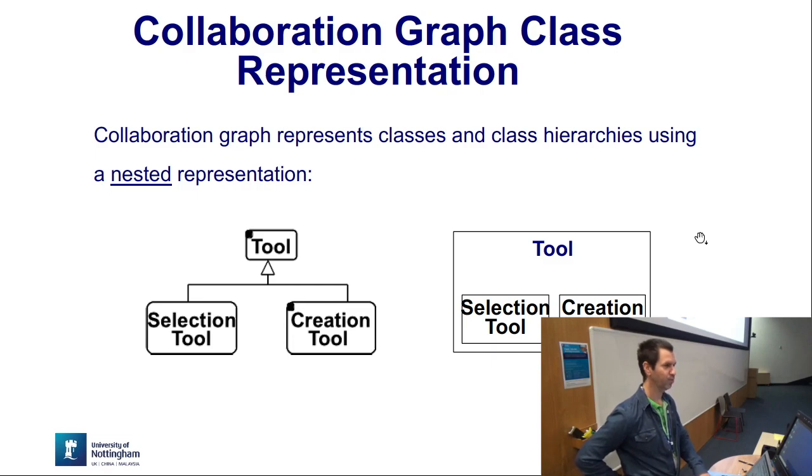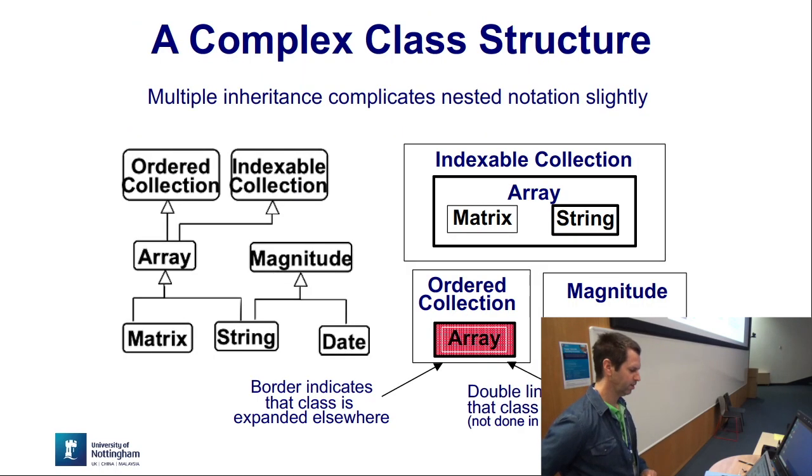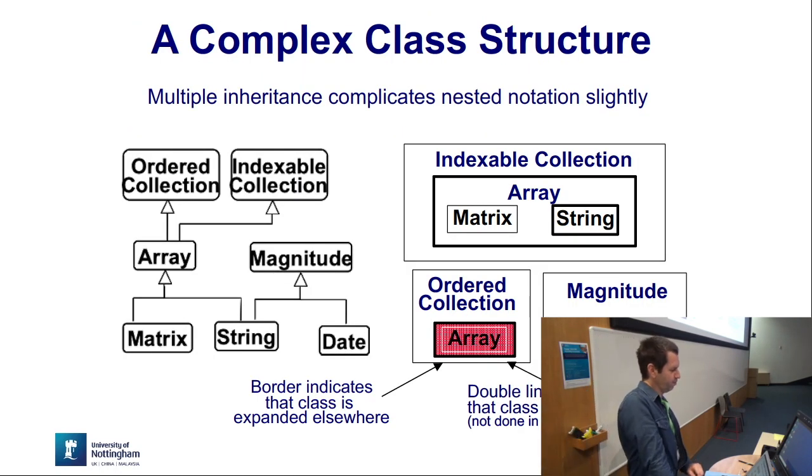Right? Two drawing styles for the same idea. This is a complicated example with multiple inheritance. We're not going to dwell on this because we're not going to really deal with multiple inheritance much. Right? Ordered collection. This is that same multiple inheritance example. Array, magnitude, and so on.